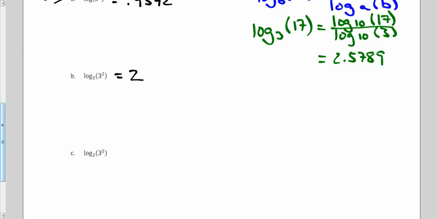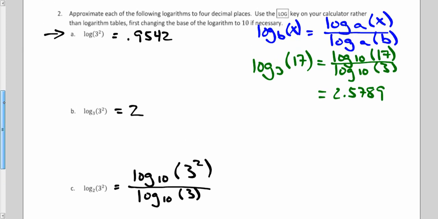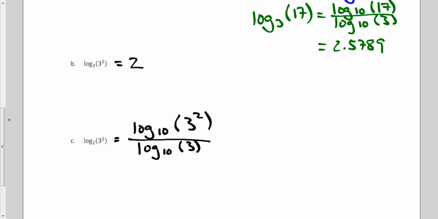So now I'm doing log base 2 of 3 squared. Well, remember, this equals log base 10 of 3 squared divided by log base 10 of 2.